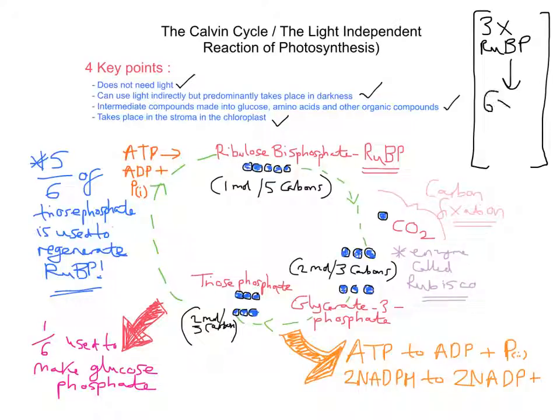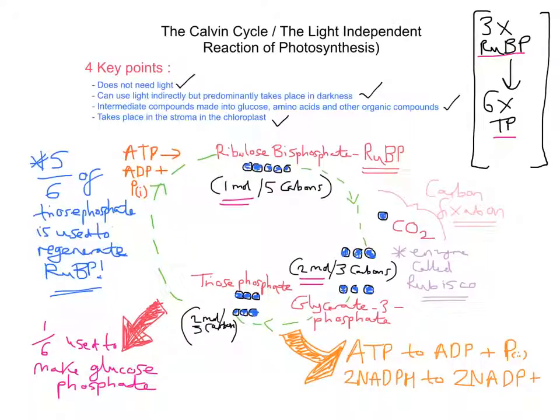If I just put TP, if I underline RuBP and TP, that will give 6 lots of triose phosphate. Because we had 1 molecule of RuBP producing 2 molecules, each with 3 carbons, so we've gone from 1 to 2. So if we had 3 lots of RuBP, ratio-wise, we'd have 6 lots of triose phosphate.